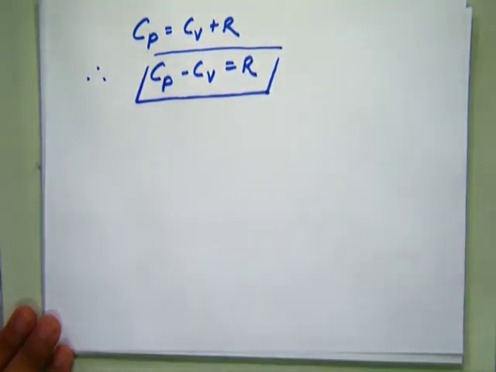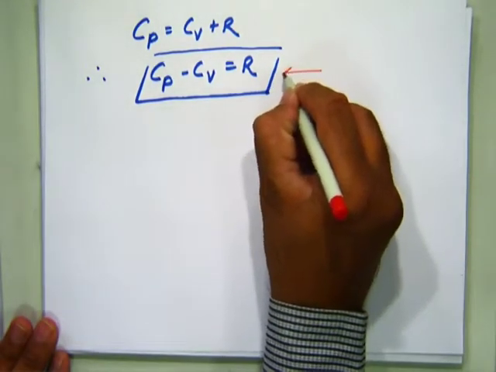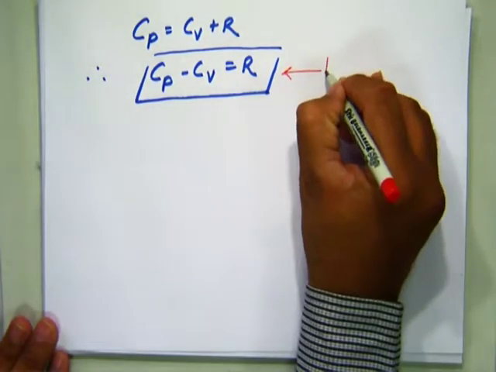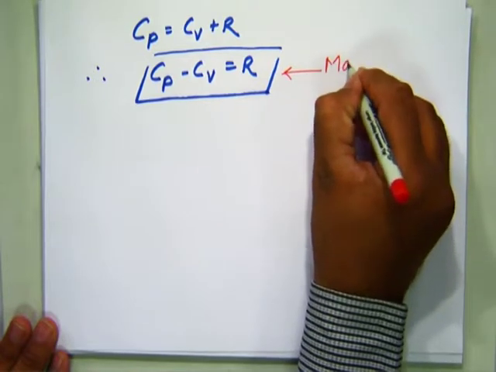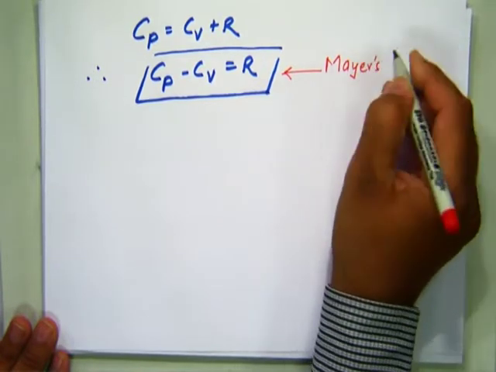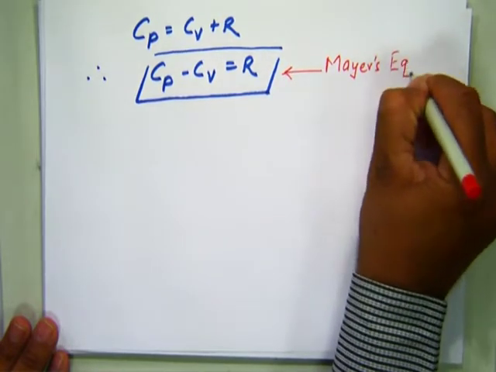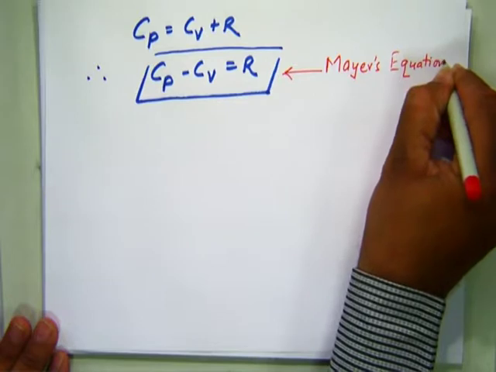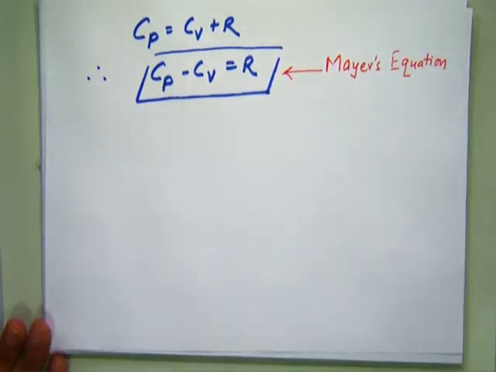Cp minus Cv is equal to R, and this equation is known as Mayer's equation. So one relationship is over.